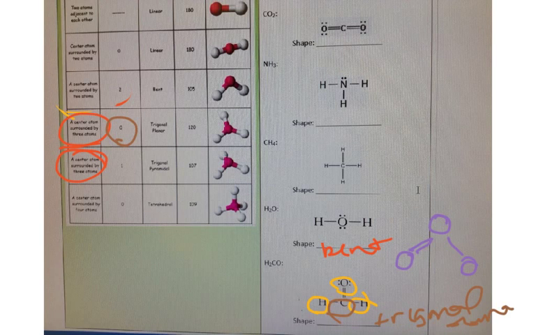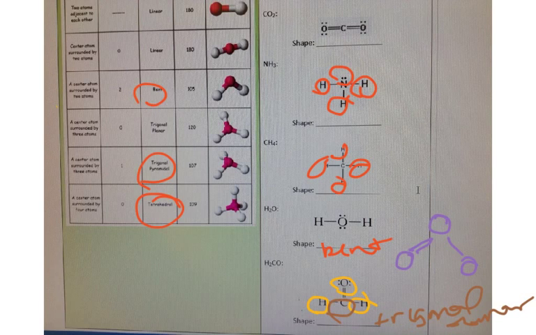All right. Now what I wanted to talk to you about is a little bit about these bond angles. If you notice, the bent, the trigonal pyramidal, and the tetrahedral all have 4 things attached to them. 1, 2, 3, 4. 1, 2, 3, 4.